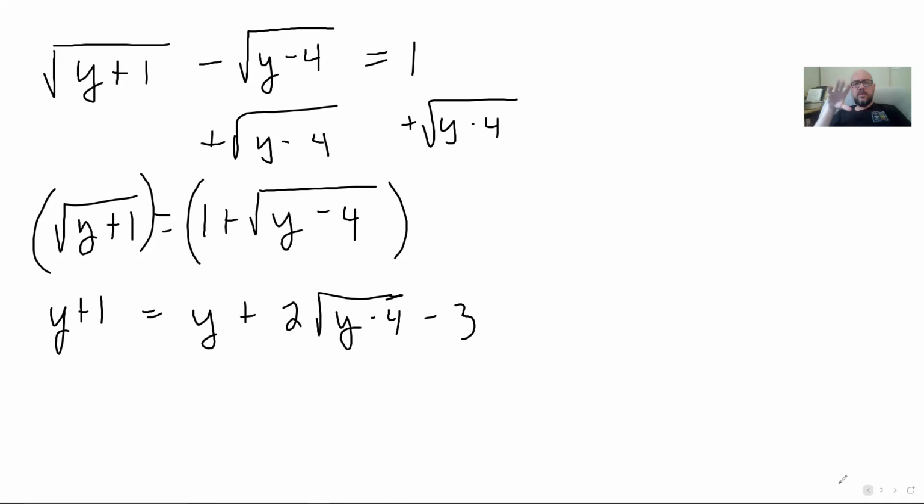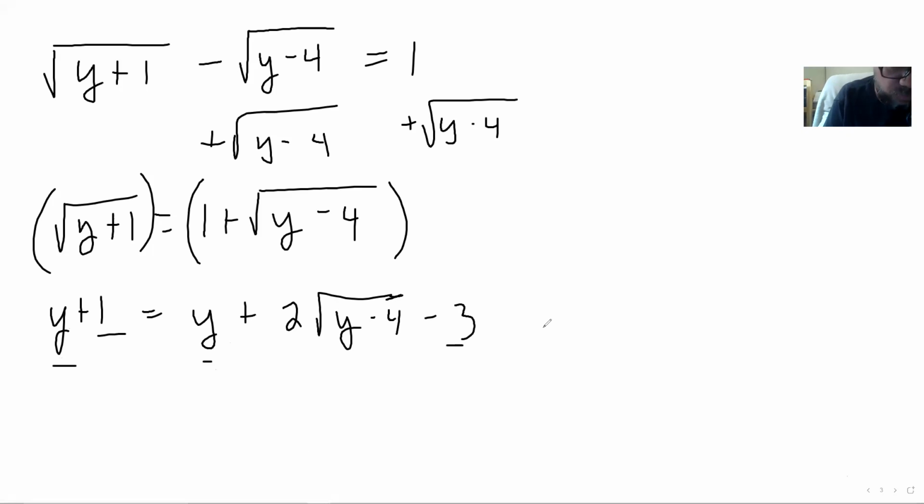Okay. This looks terrible, but actually is not that bad. And the reason it's not that bad is that I went down from 2 radicals down to 1 radical, and all that's left here is a bunch of y's and numbers. And so I can get all those on one side. So I'm going to collect all the terms that aren't the radical over on the left side.